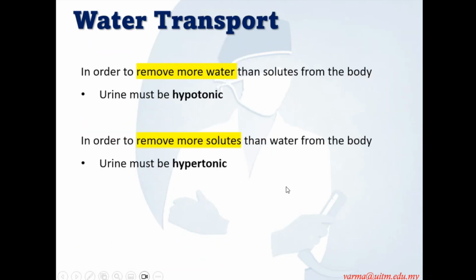Let me read back again. In order to remove more water than solutes from the body, in order to remove more solutes than water from the body, urine must be hypotonic.